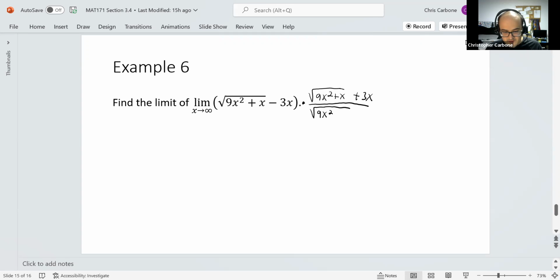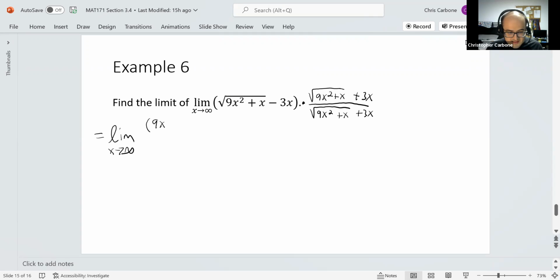So square root of 9x squared plus x plus 3x. So doing this, continuing down here, this being the limit as x approaches infinity of multiplying this expression with the numerator allows us to cancel most of that out.